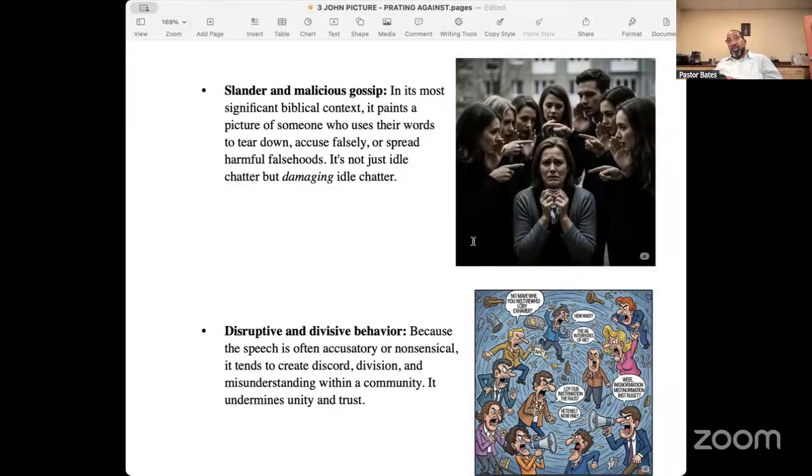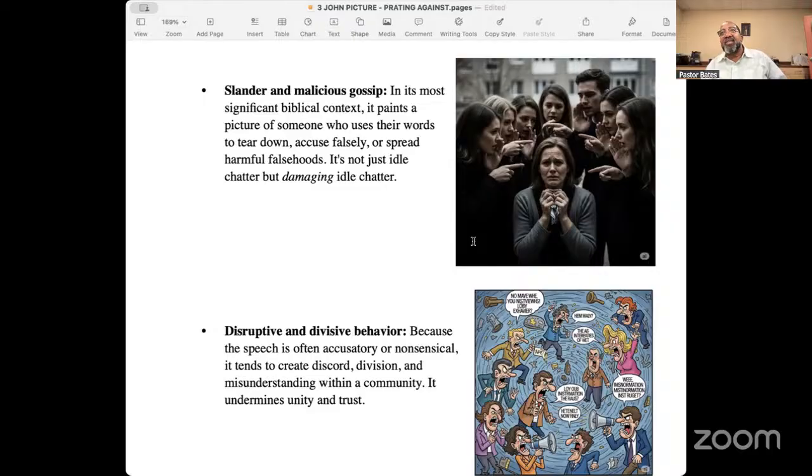So see those pictures? That's an AI generated picture. That's prating, bubbling over. Hear malicious words. Look at these people speaking things that are intent to hurt this person. Everybody in their ear.